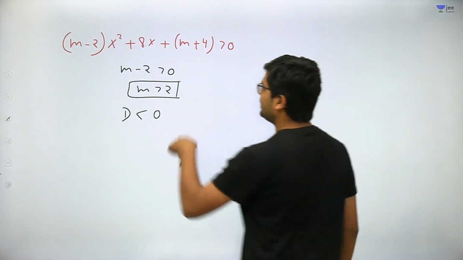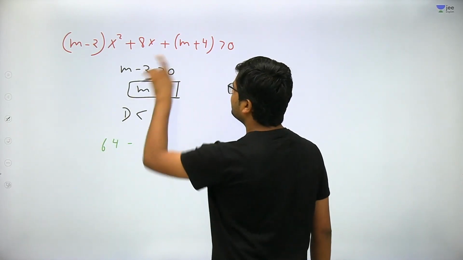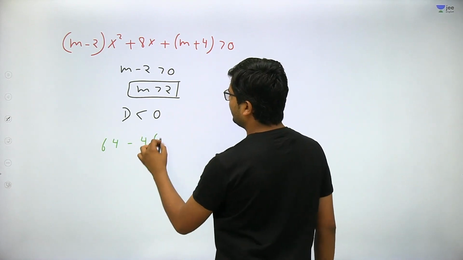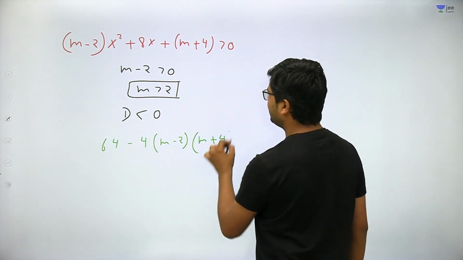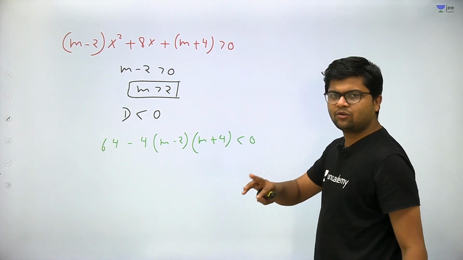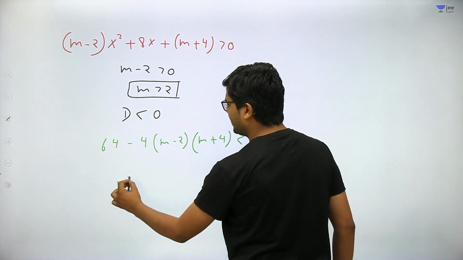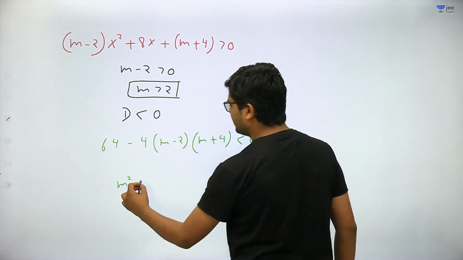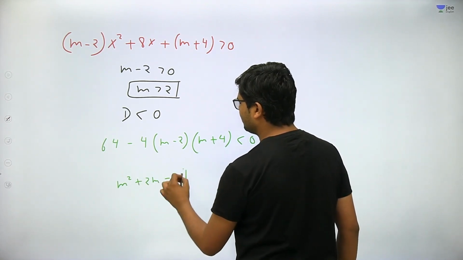Getting my point? So D less than 0, it will be b square, 64, minus 4AC. A will come out to be m minus 2 and C will come out to be m plus 4. It is less than 0. Take minus 4 common. It will become m square plus 4m minus 2m, so plus 2m minus 8 minus 16, minus 24.